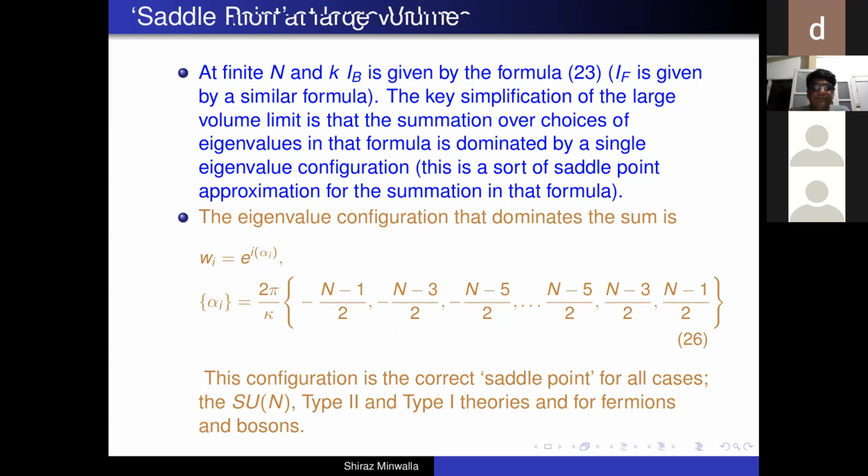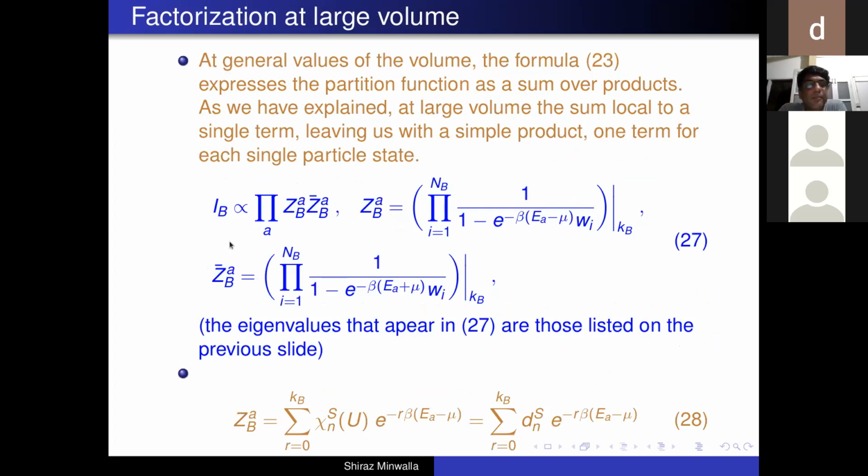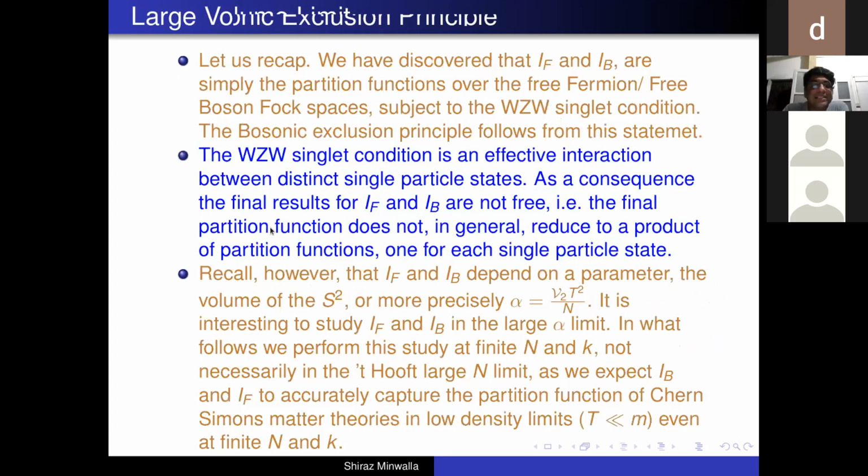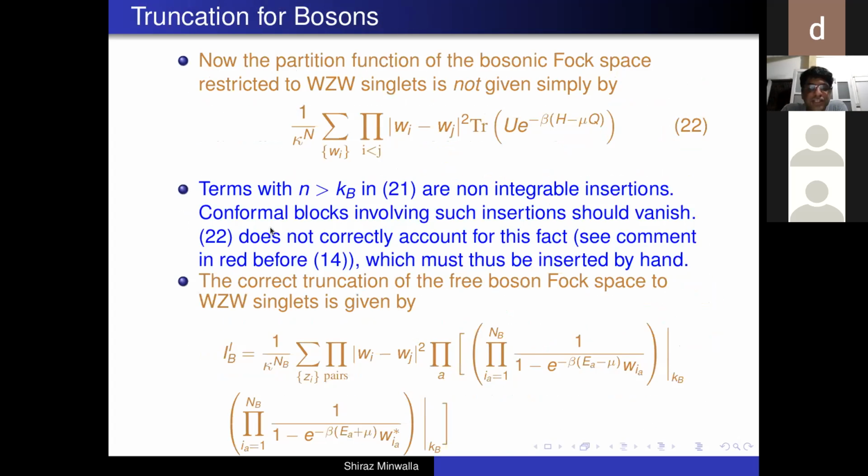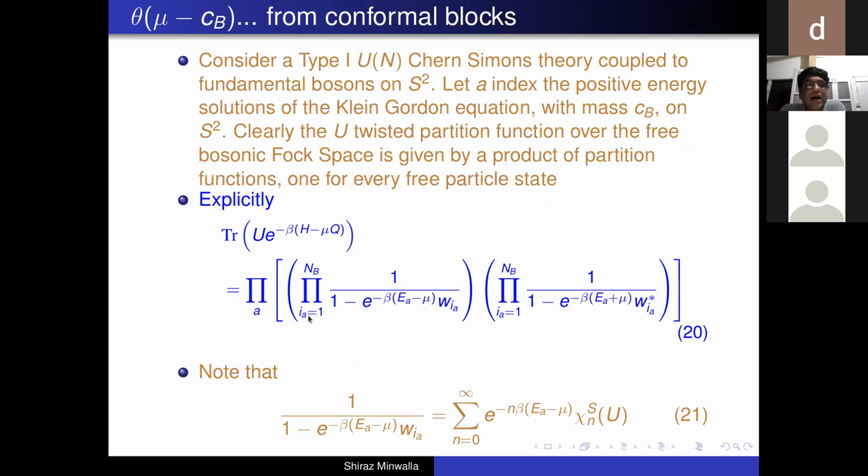I've written it out here. As I mentioned up here, the partition function was this product over single particle partition functions, but then summed over all eigenvalues. In the saddle point limit, there's no sum over eigenvalues, because only one eigenvalue configuration contributes.